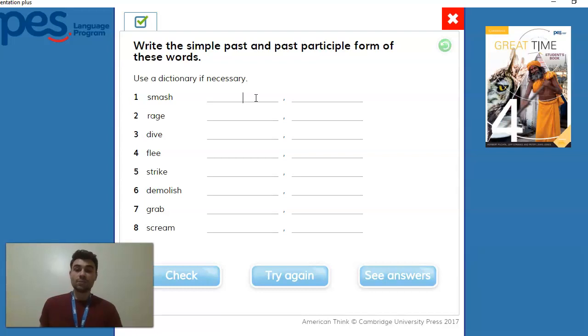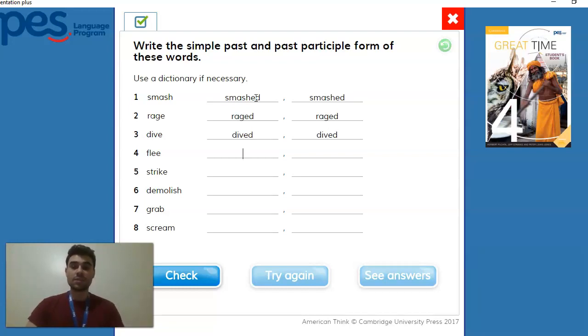So in the first one we have the verb smash, which is a regular verb, so it's pretty easy, remember? So it's smashed and smashed. Then we have the verb rage, right? Which is also a regular verb. So raged and raged. Then we have the verb dive, which is also a regular verb.